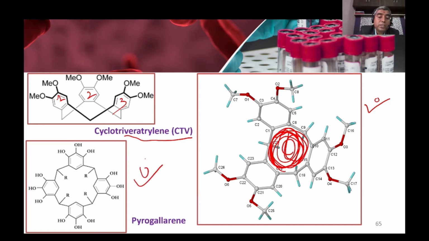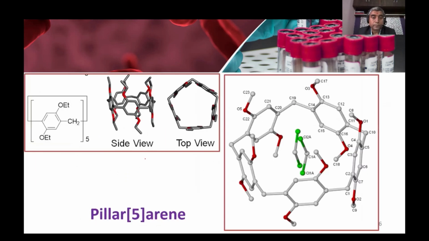The next compound is pyrogallarene, which is prepared from pyrogallol, and another structure is pillar[5]arene, which was also developed by our research group. Pillar[5]arene has an ethoxy group at the para position and the CH2 bridge also at the para position, and there are five aromatic rings.